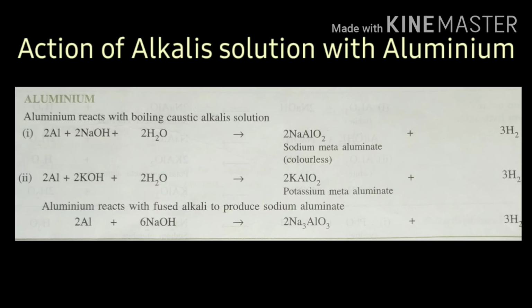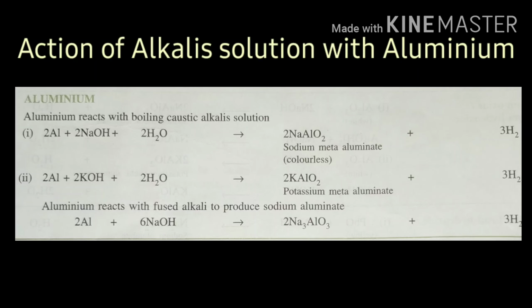Now see, when aluminium reacts with fused alkali, not alkali solution. When it reacts with alkali solution, it produces a salt like metaaluminate. But when it reacts with fused alkali, what? See, aluminium plus sodium hydroxide fused alkali produces sodium aluminate. The formula of sodium aluminate is Na3AlO3 plus hydrogen gas.